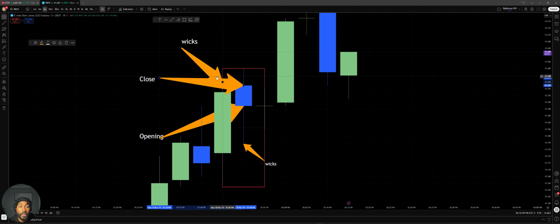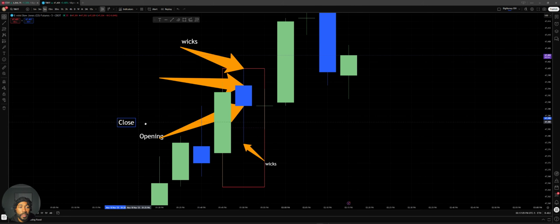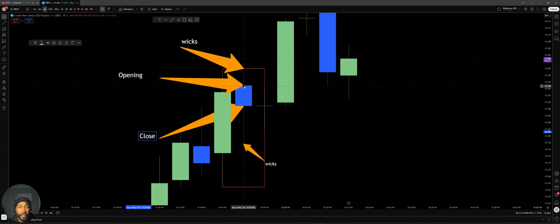Price opened here at the top of the bar, and then price ended up closing down here at the bottom of the bar. But mind you, we still have wicks. These wicks show you where price has gone to during that time frame.